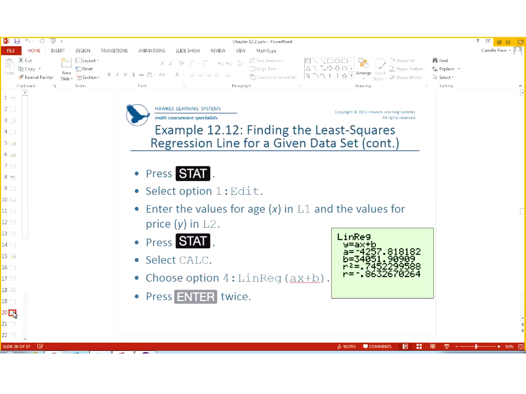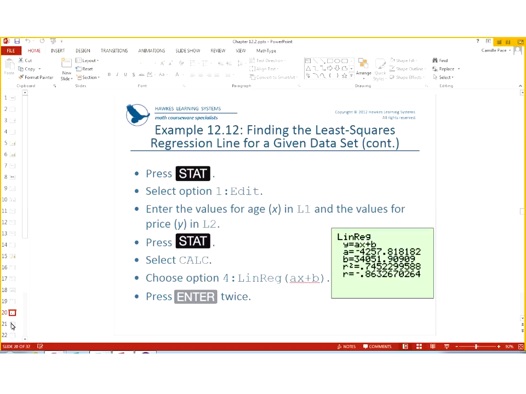You're going to see the linear regression results on the side. You get y equals ax plus b, where your slope a is negative 4,257.818182. Your y-intercept b is 34,051.90909. Your r-squared is 0.745229, and your r is negative 0.863267.